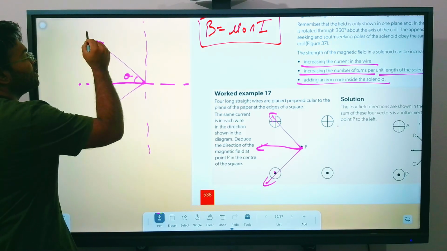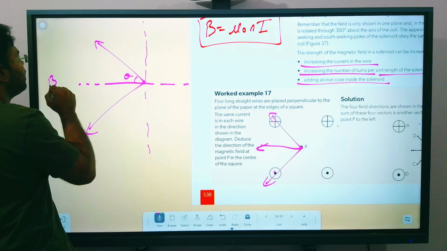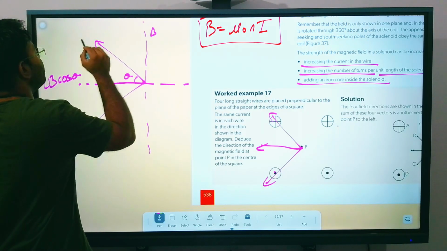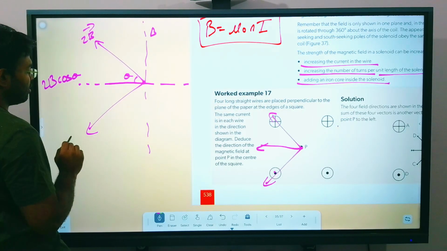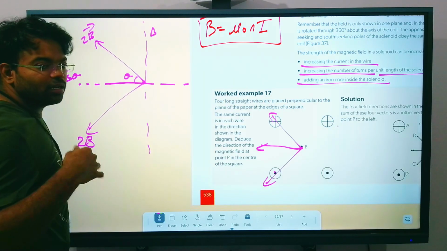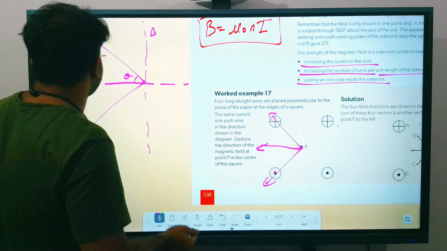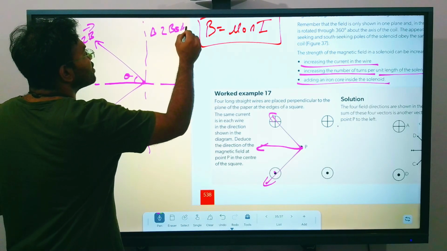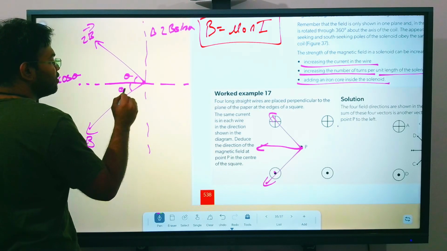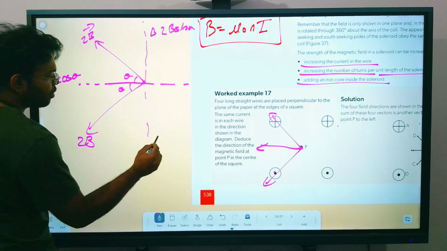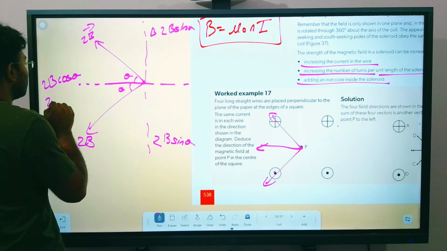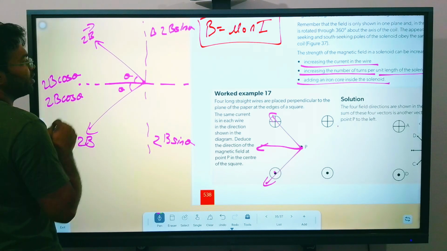Now, this field will become 2B, and this is 2B, twice the magnetic field. So this becomes 2B cos theta and this becomes 2B sin theta. And this is also theta, so this becomes 2B sin theta and this again becomes 2B cos theta.